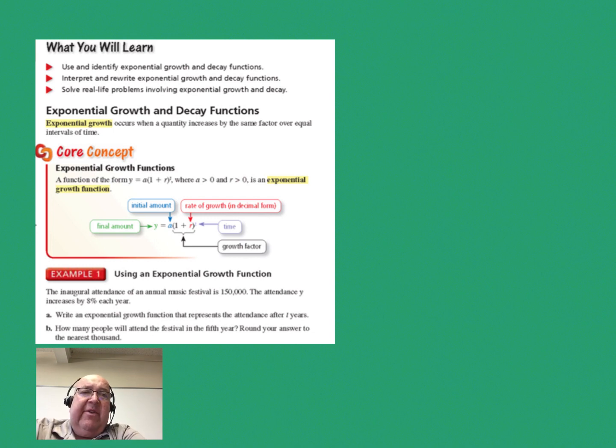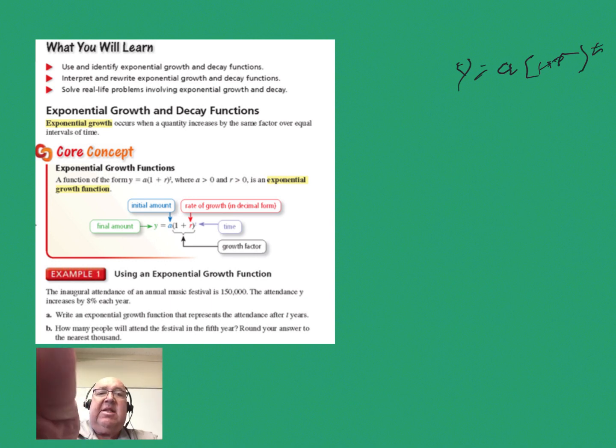We're going to have it added to 1 to get the multiplier, and basically we'll have y equals some starting value, or a, and then 1 plus whatever the growth factor is, and then to the t exponent, or time.